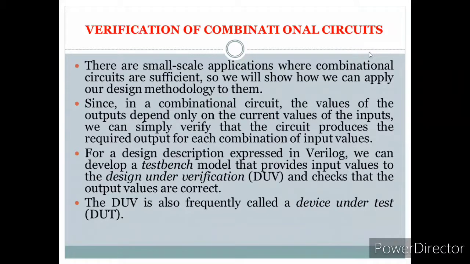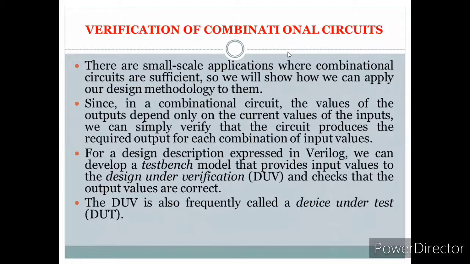In a combinational circuit, whatever input we give, the immediate effect is on the output. There is no feedback and no clock signal present in a combinational circuit.